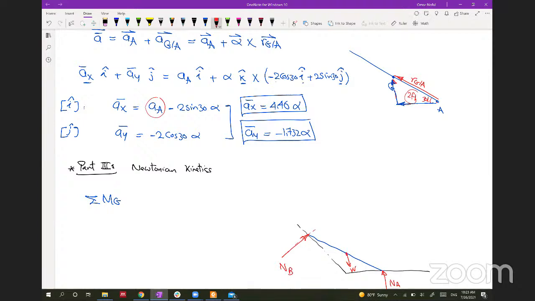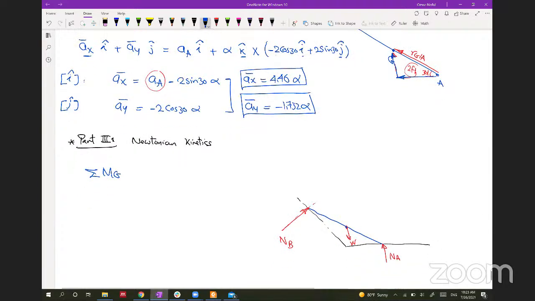If I want a moment about this point, the best thing is that the weight will be canceled, because I'm taking the moment about G, and NA will be multiplied by the horizontal component, so multiplied by this. And for NB, I can make an X component and Y component and get the moment of the NBX and NBY, but this will take much more time.